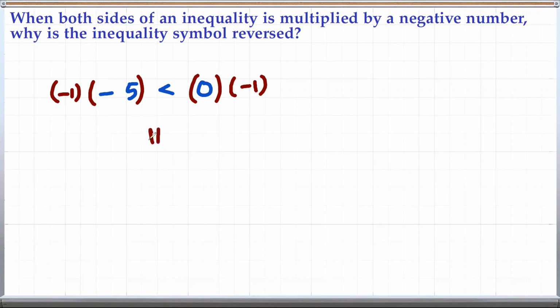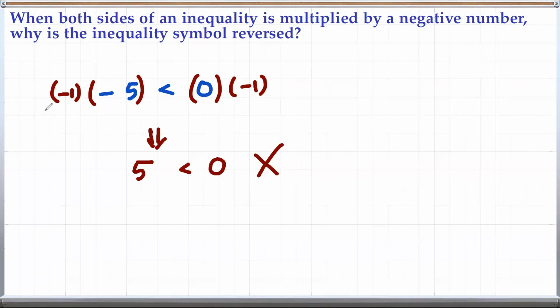So that will give us 5 less than 0, since 0 times -1 is 0. But this is not true. 5 cannot be less than 0. So there is some error going on over here.